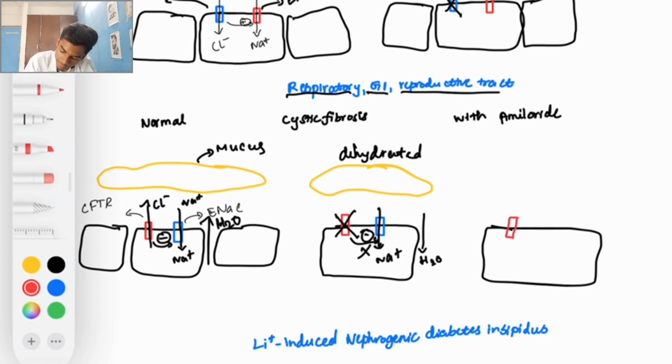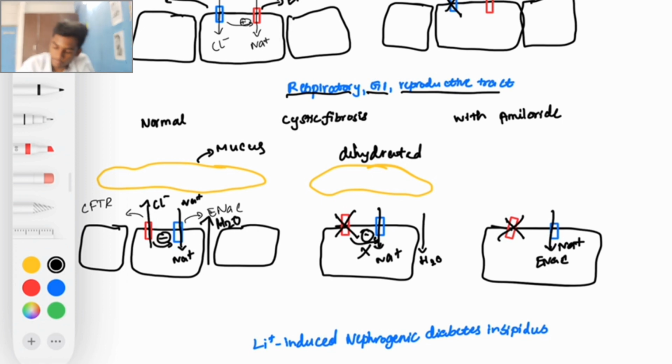So what can we do? Already in cystic fibrosis we are not having this CFTR protein, and there is ENaC channel which is working more. So there is more sodium influx. So if we give amiloride, it is an ENaC channel blocker. Amiloride will block this ENaC channel.